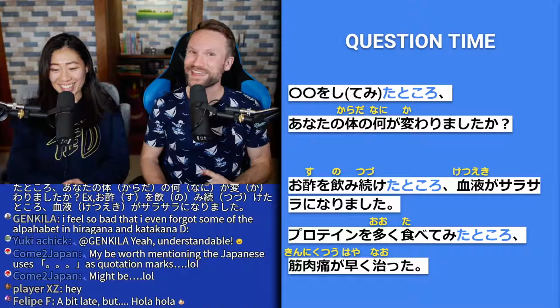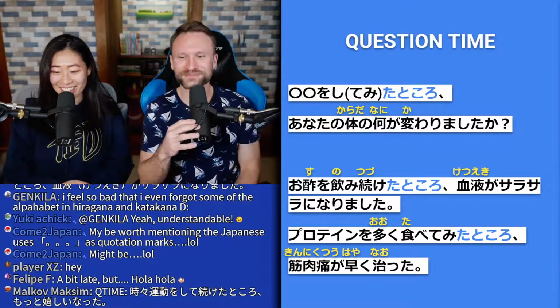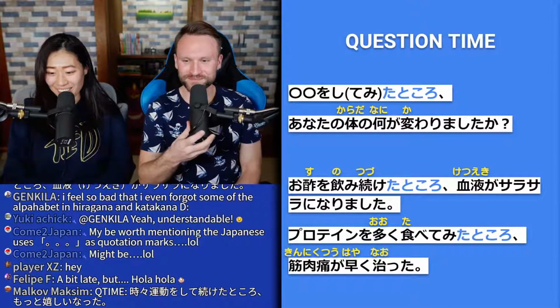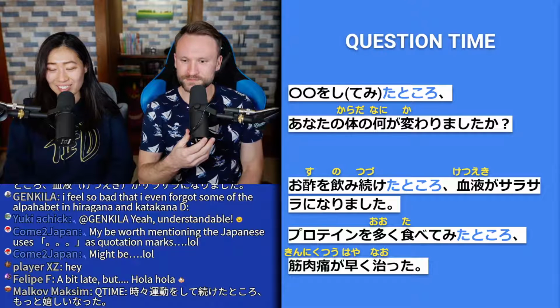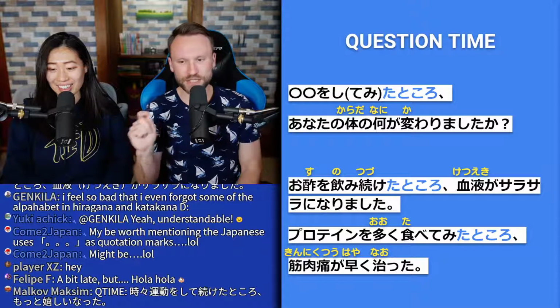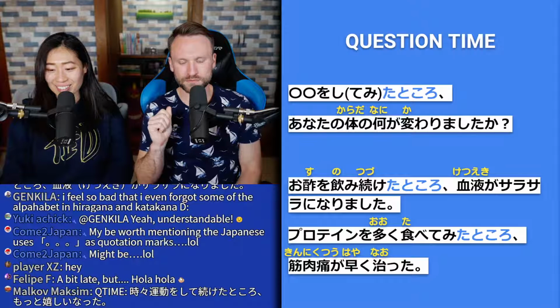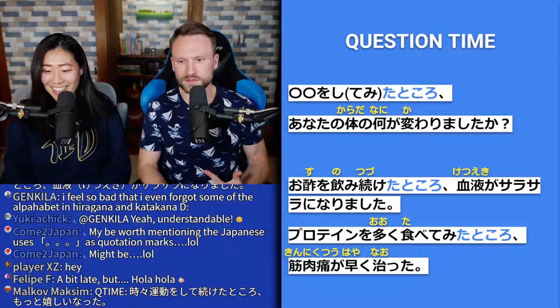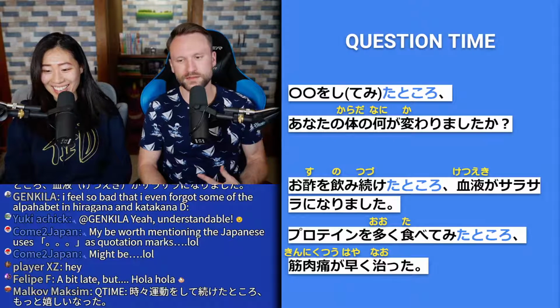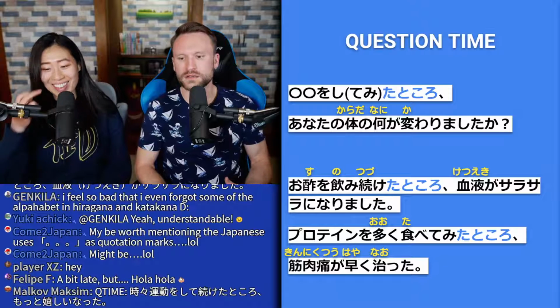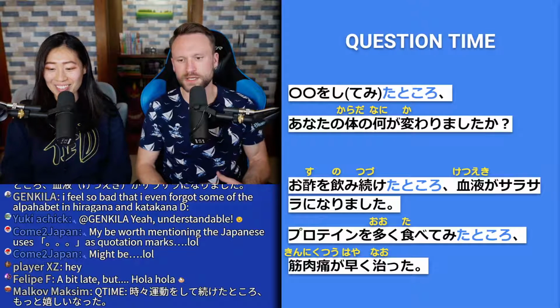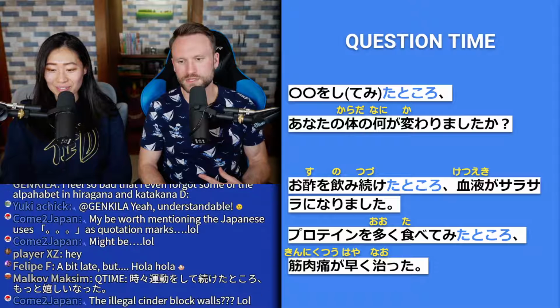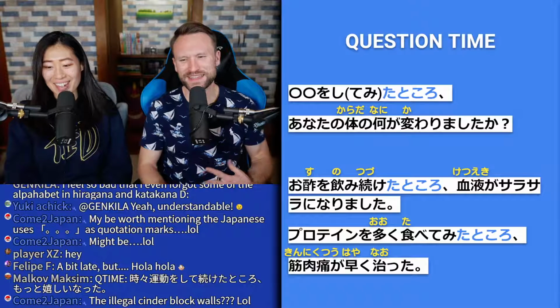はい、みんなありがとうございます。ようこそ。時々運動をし続けたところ。そうだね。でも時々しかやってないよ。時々運動をしてみたところ、もっと嬉しくなったかな。Thank you.